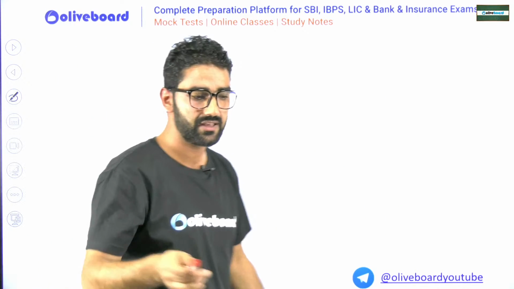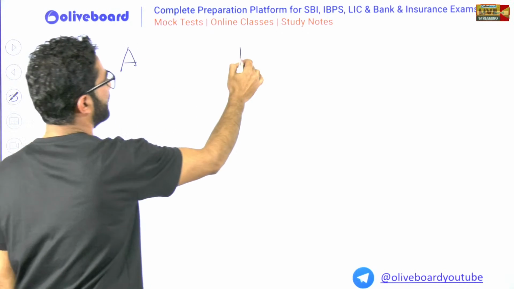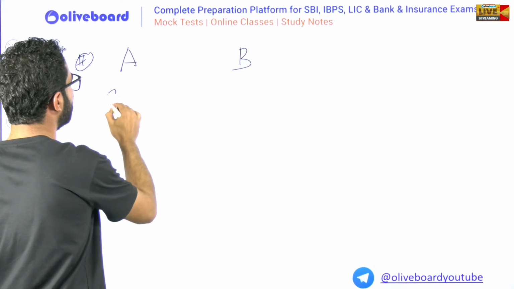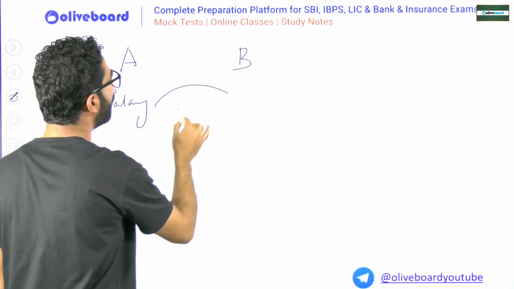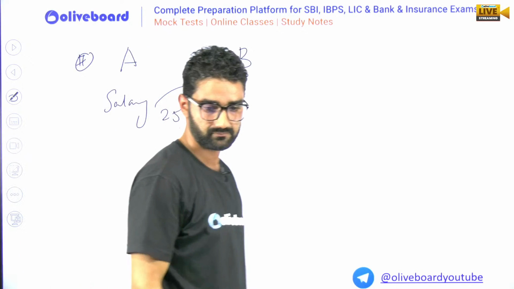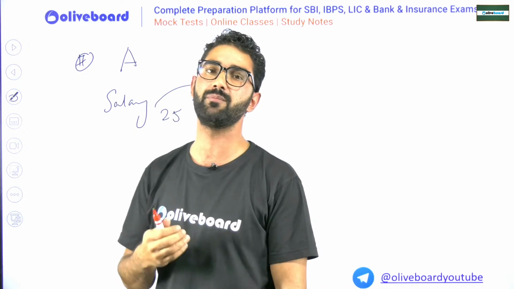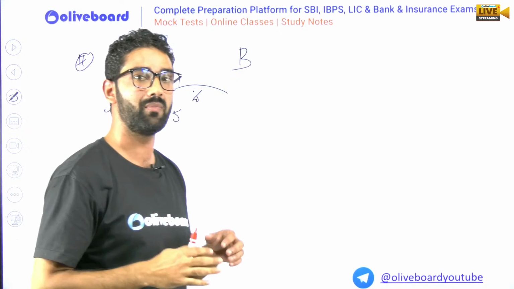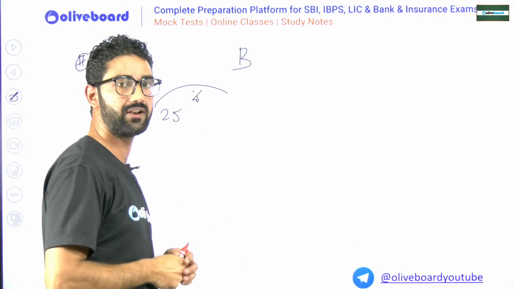If I assume there are 2 persons, person A and person B. If I say the salary of person A is 25% more than the salary of person B, you will be asked how much percentile the salary of B is less than that of A.